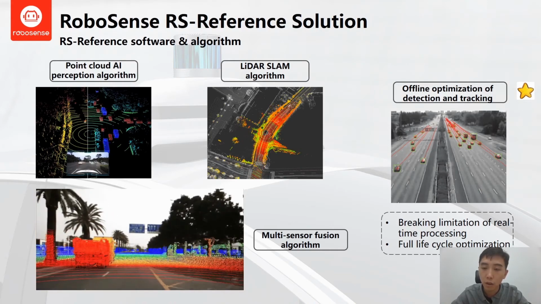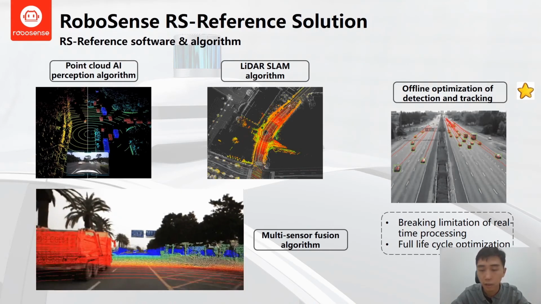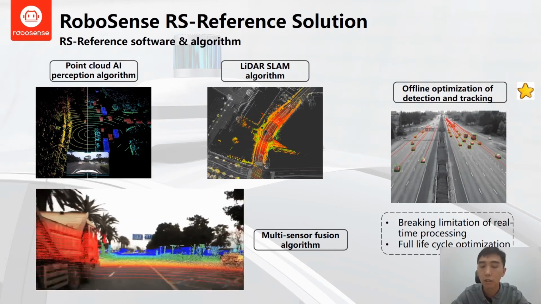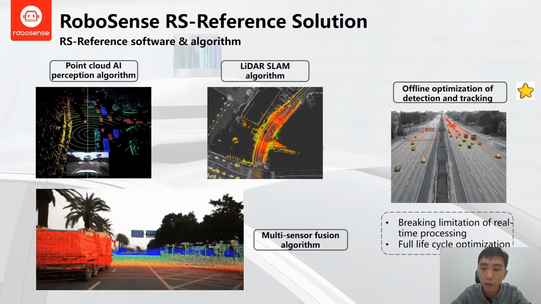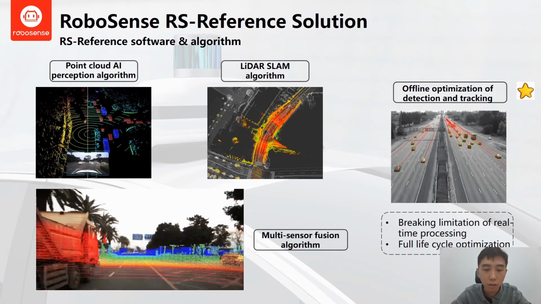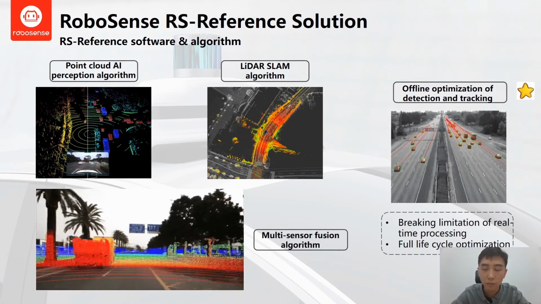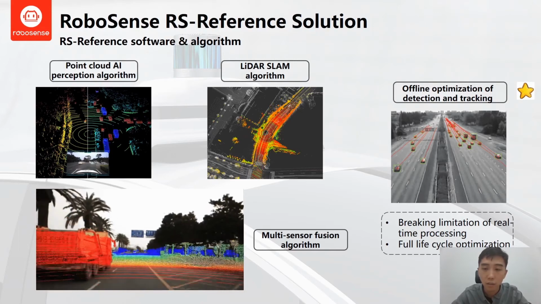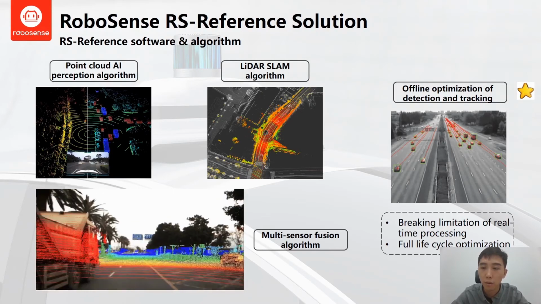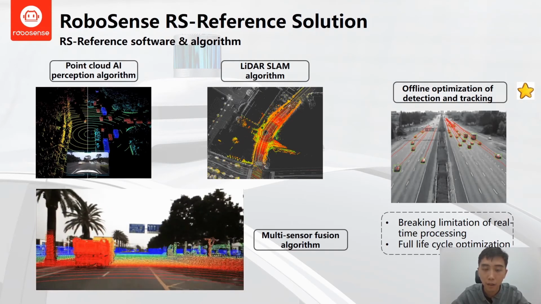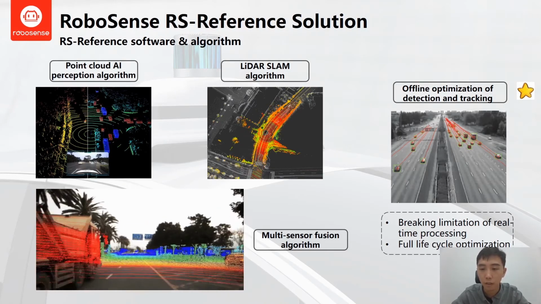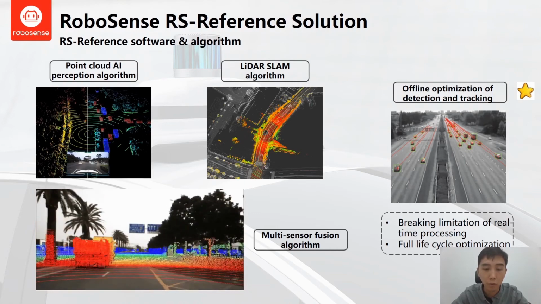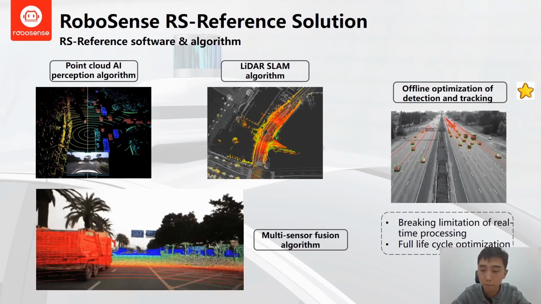But for offline processing, we can use the current frame, the history frames, and also some future frames. Actually, we can use all the information during the life cycle of one target to finally optimize our result. This is very important. This helps a lot to improve the final performance of our algorithms.